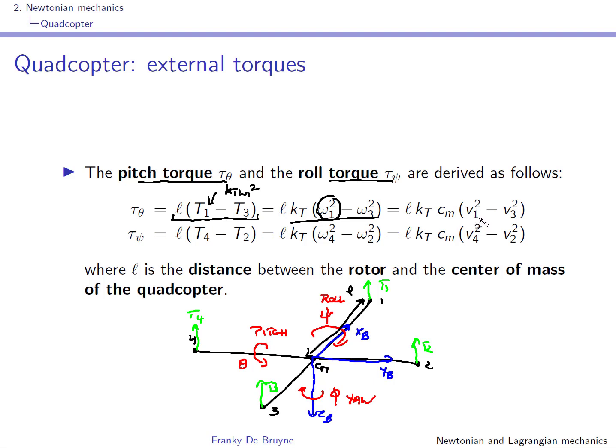V1 is the voltage that is applied to rotor 1. You can do the same for T3, omega 3, and then you obtain this formula, right? Then we do something similar for roll. You'll have a positive roll torque if the thrust T4 is bigger than the thrust T2, and then you obtain this formula.